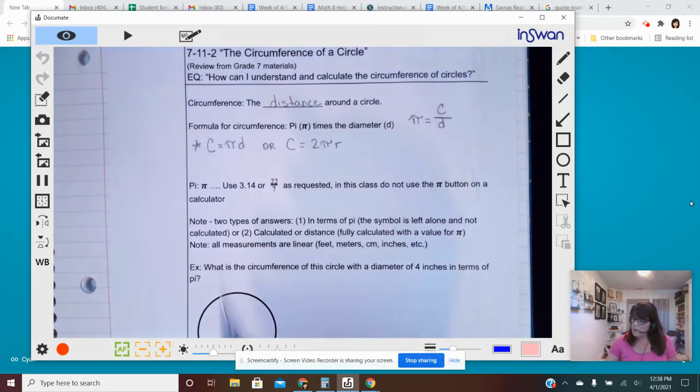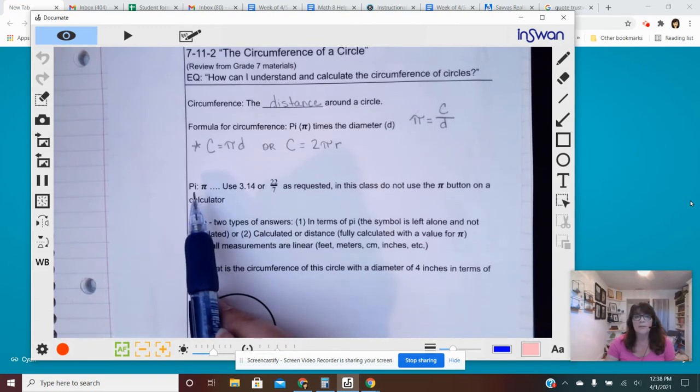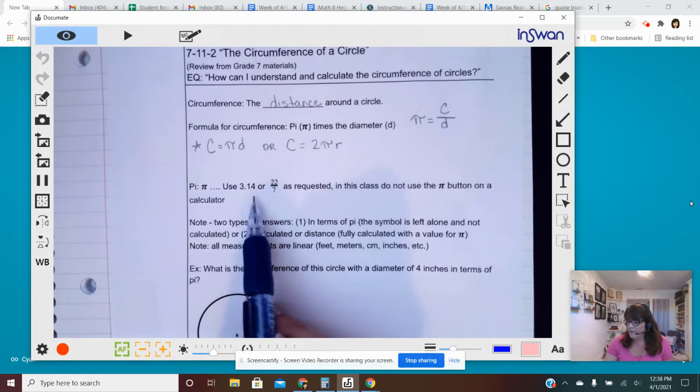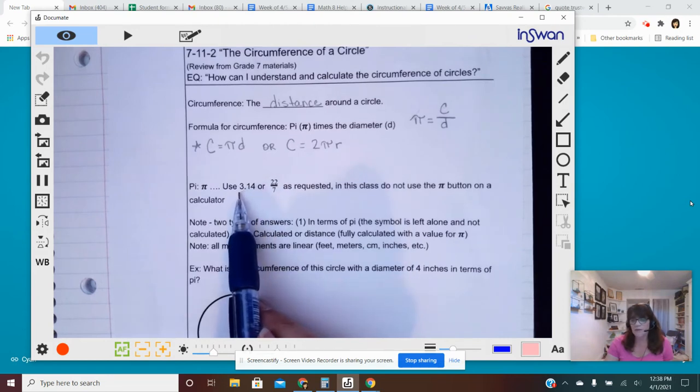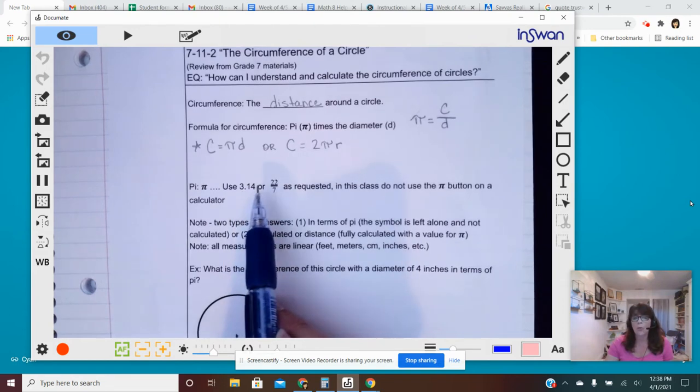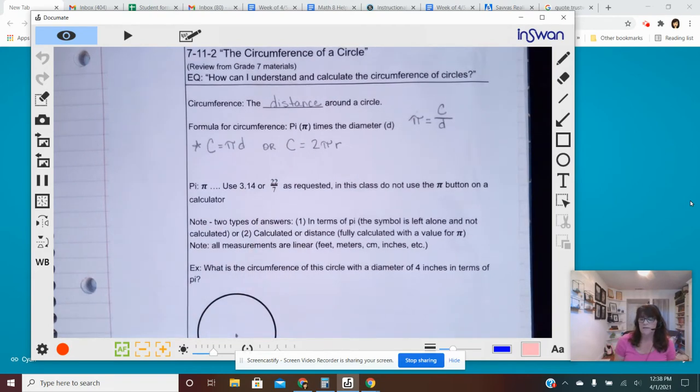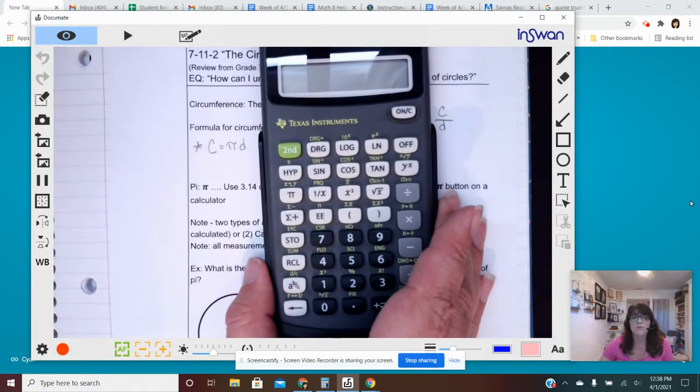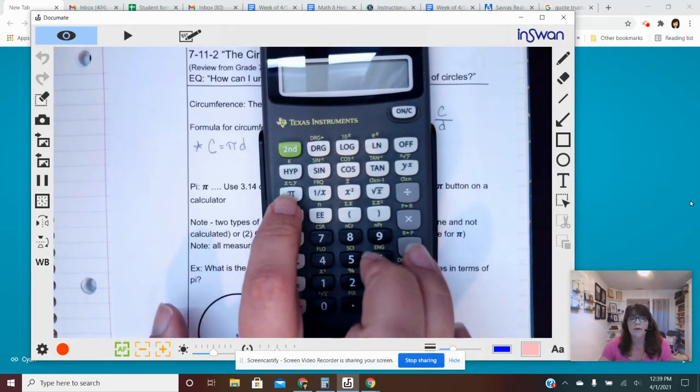Okay? Now, the problems will tell you that for pi, you're going to use the estimate 3.14 or the fraction 22/7. In this class, I do not want you, and it's hard because it's so incredibly accurate, I do not want you to use a pi button on a calculator.